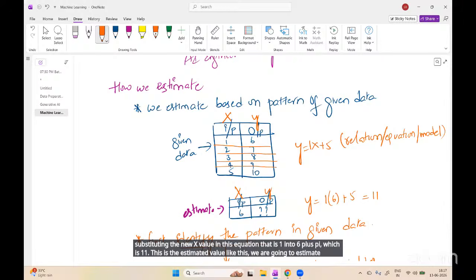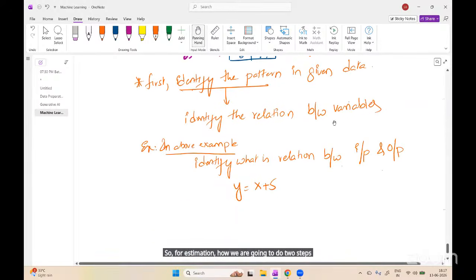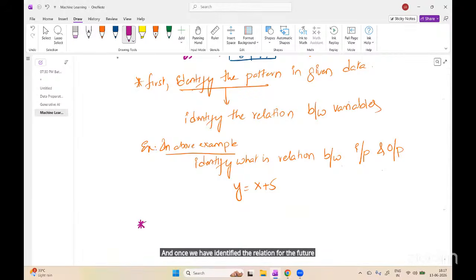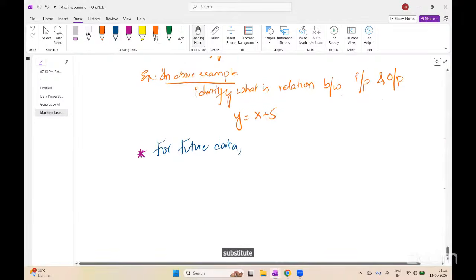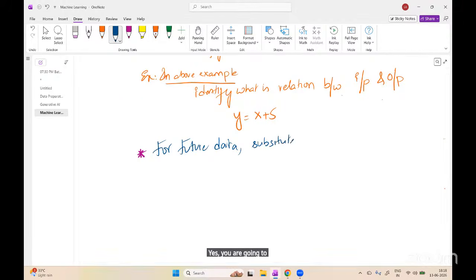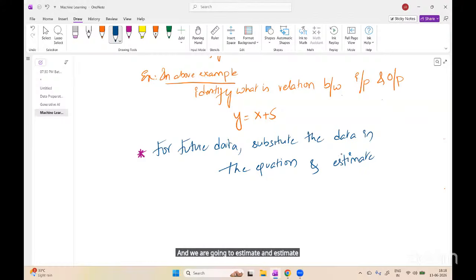So for estimation, how are we going to do it? Two steps. One is to identify the relation. And once we have identified the relation, for the future data, just substitute the input in the equation, and we estimate.